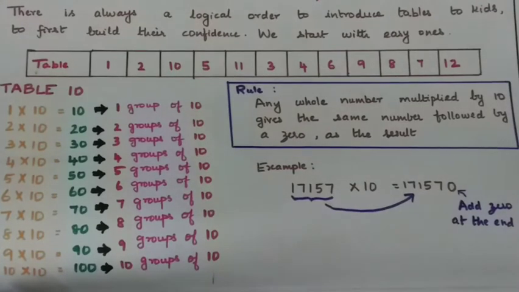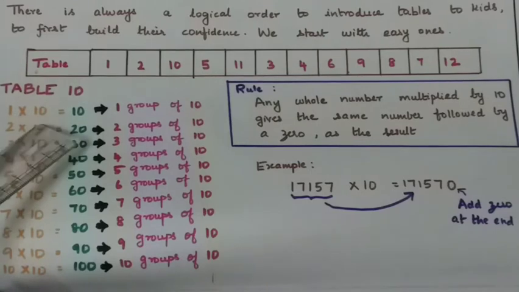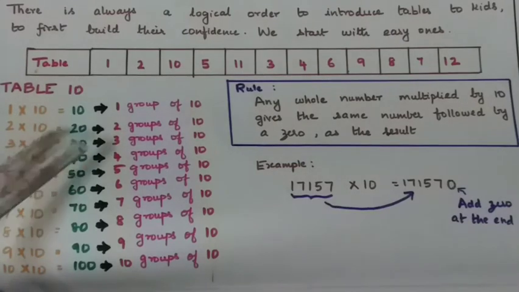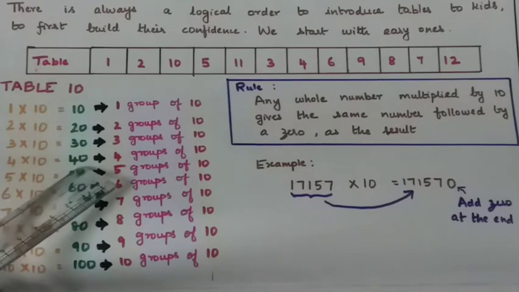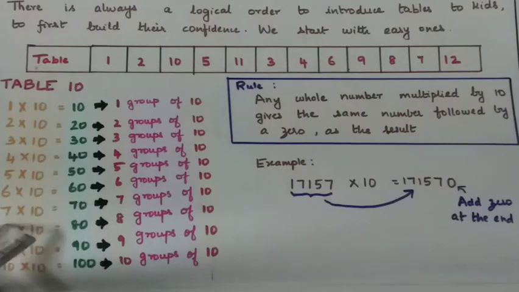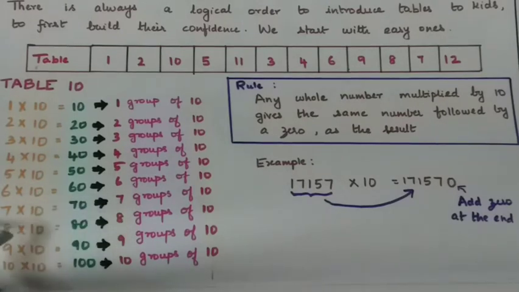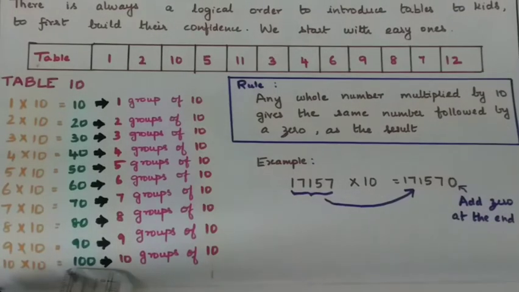Now let's see how the table has to be read. 1 tens are 10, 2 tens are 20, 3 tens are 30, 4 tens are 40, 5 tens are 50, 6 tens are 60, 7 tens are 70, 8 tens are 80, 9 tens are 90, and finally 10 tens are 100.